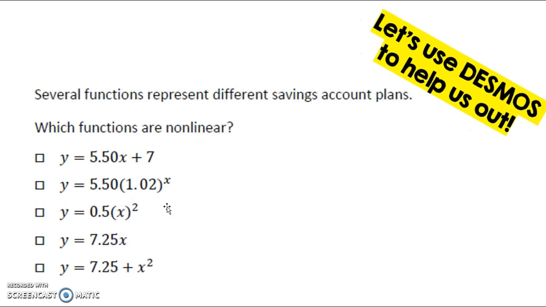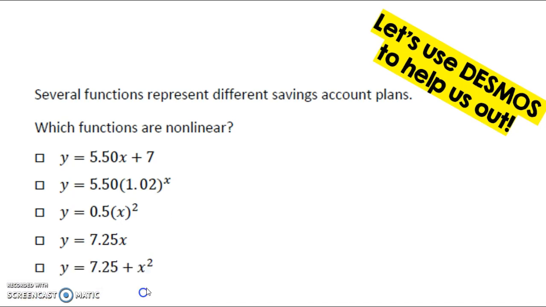So using that, let's look at these several functions that represent different savings accounts. Which ones are non-linear? You can use Desmos, or you could use what I said about exponents and try to figure this out. So pause here and check out these different graphs.